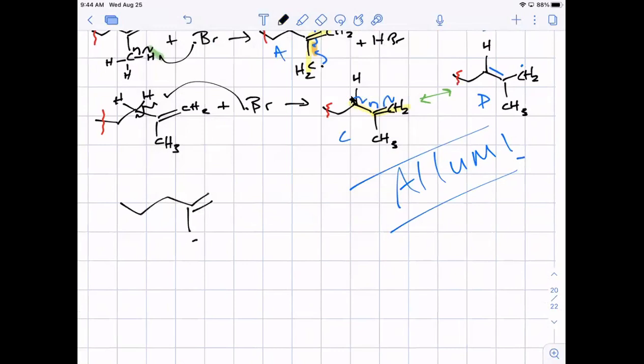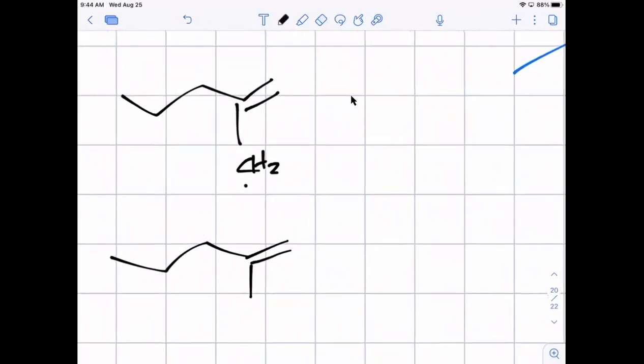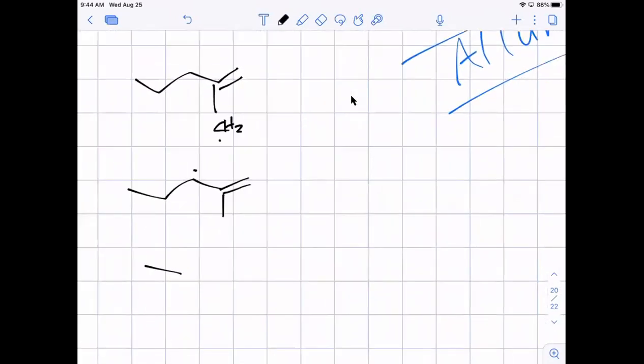So this is 1. Everybody agree with that? That's 1. And then this is one of the resonance ones.